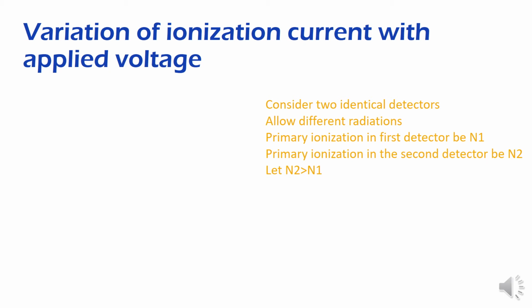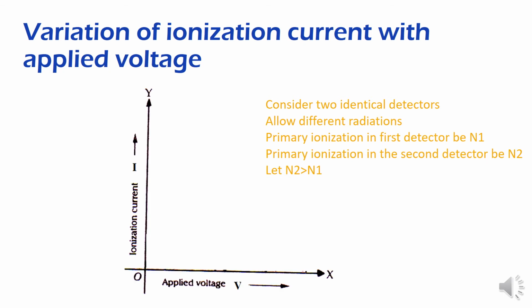And in order to understand the dependence of ionization current on applied voltage, we are going to tabulate the readings and plot a graph. Therefore, with the help of a graph, we are going to understand the variation of ionization current with applied voltage. Let us plot a graph of ionization current I versus applied voltage.